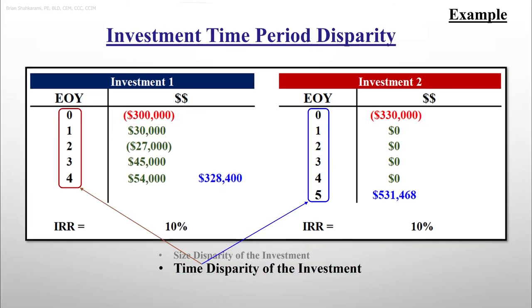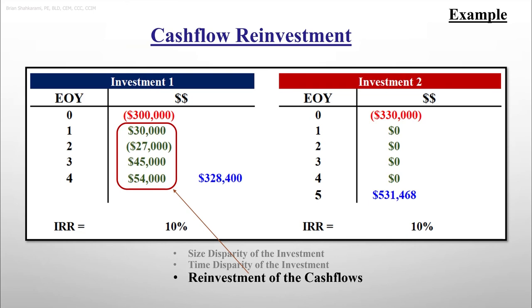Our second problem is our time disparity. Investment one has a 4-year time period, but investment two has a 5-year time period. They're not equal. Again, apples and oranges, not apples and apples. There is a disparity in the cash flow. Investment one obviously has some cash flows, but investment two has no cash flows.